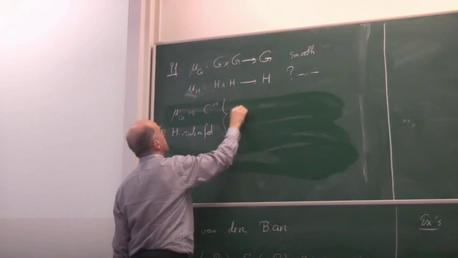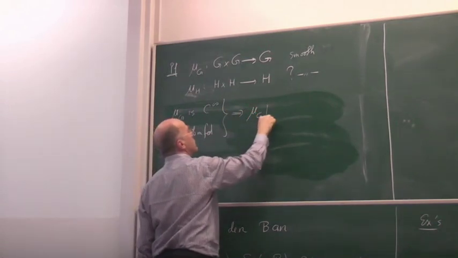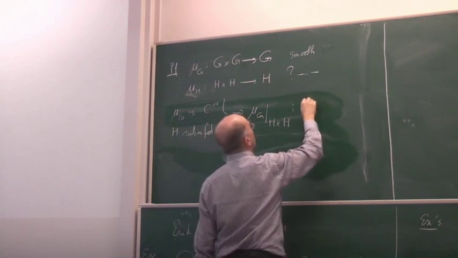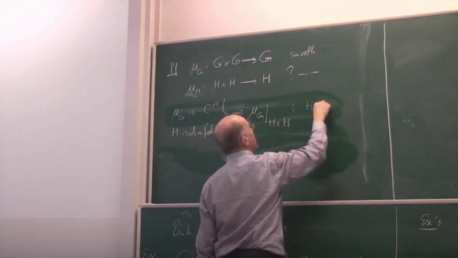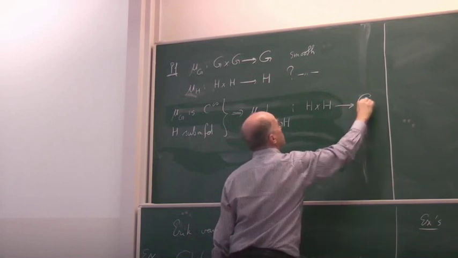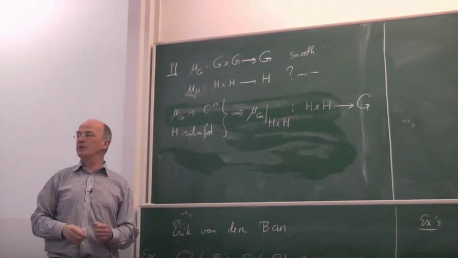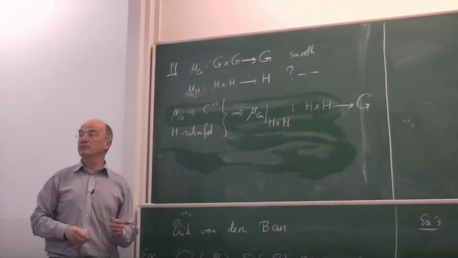This implies that the restriction of mu G to H times H is a smooth map from H times H to G. The restriction of a smooth map to a submanifold is a smooth map on that submanifold.